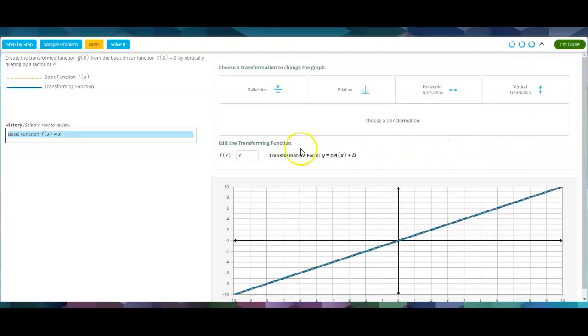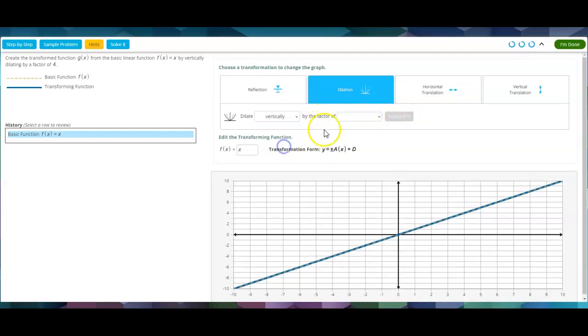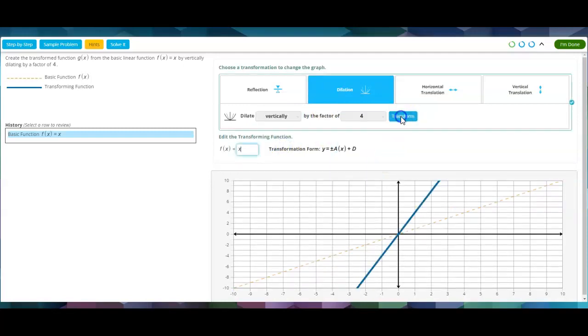All right, the next one says dilating by a factor of 4. It tells you what it's doing, but it doesn't give you the equation. So we're going to do a dilation. We're going to do vertical. We're going to do a factor of 4. And we're going to hit our transformation. See how steep it got?